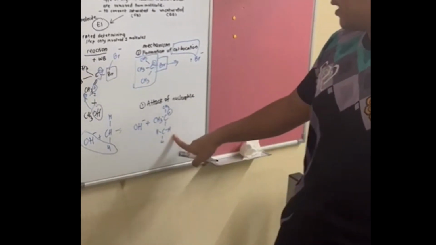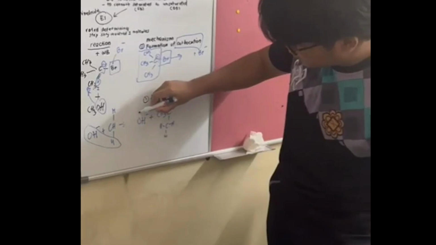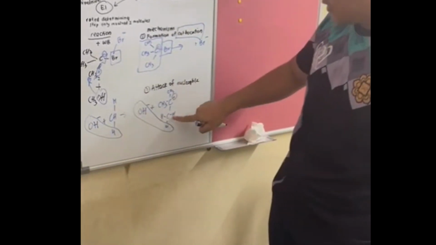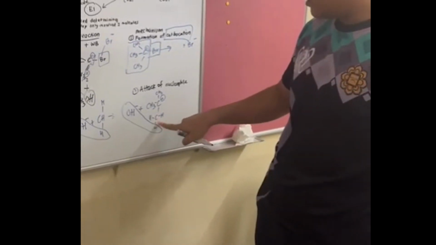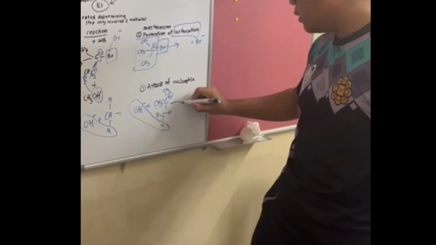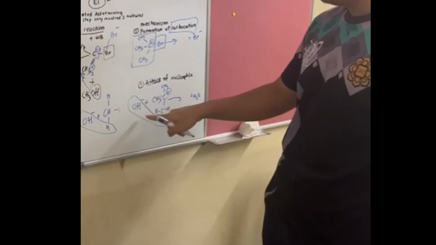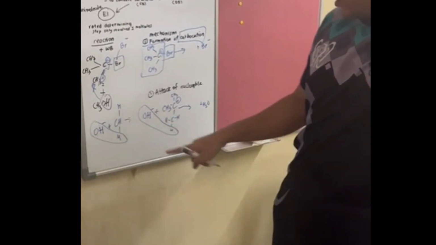This OH will react with one H from this carbon, and this will give us H2O, because we have two H and one oxygen.